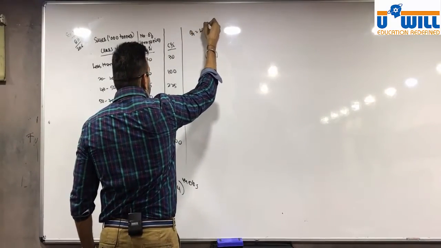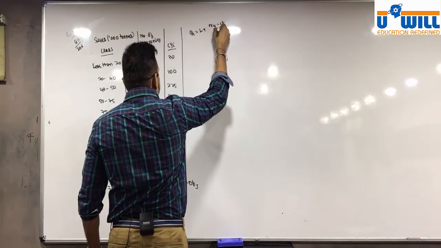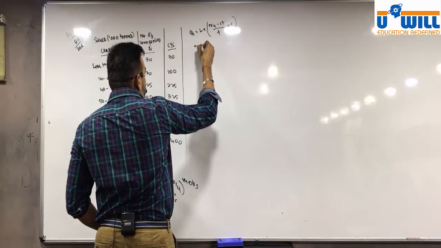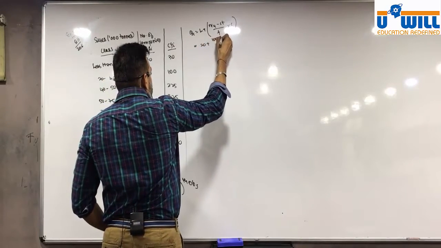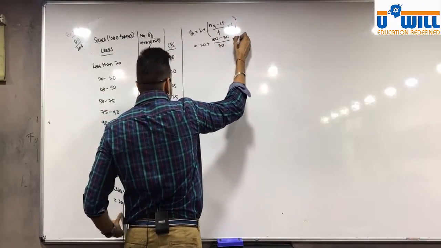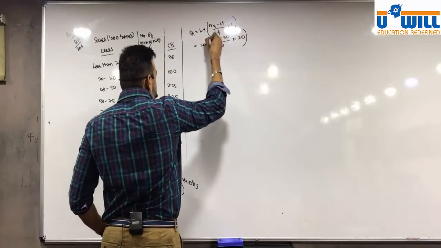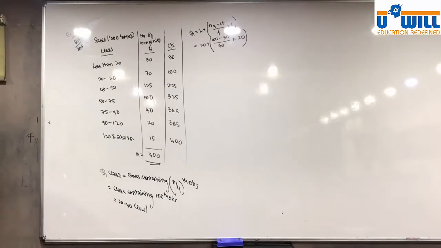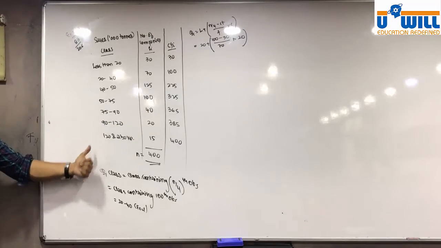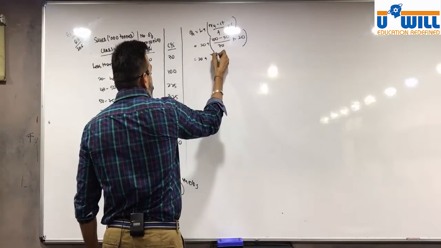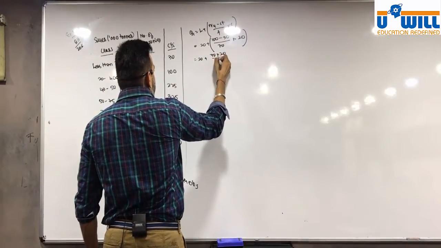Q1 is equal to L plus n by 4 minus CF upon f into c, equal to 20 plus 100 minus 30 upon 70 into what is the class length for this? 20. Be careful, here there are unequal class lengths, so it will not remain the same for Q1, Q2, Q3. It depends on the class, which is equal to 20 plus 70 into 20 by 70.